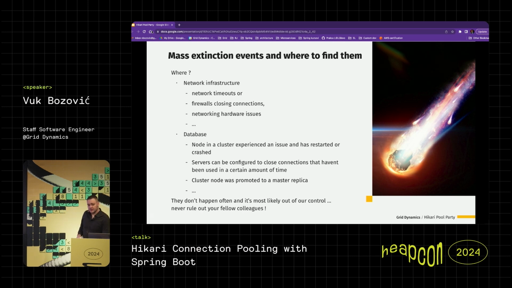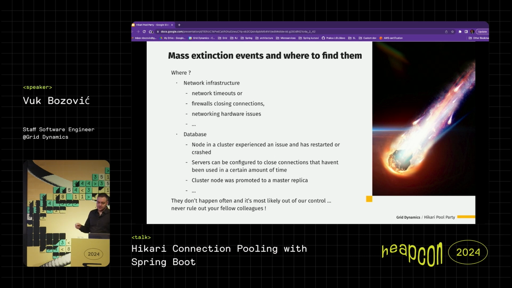Databases may be configured to close connections which were not used for a period of time, thus closing in bulk some connections which we are relying on, but it turns out they're not valid. But the thing here is we cannot influence this.